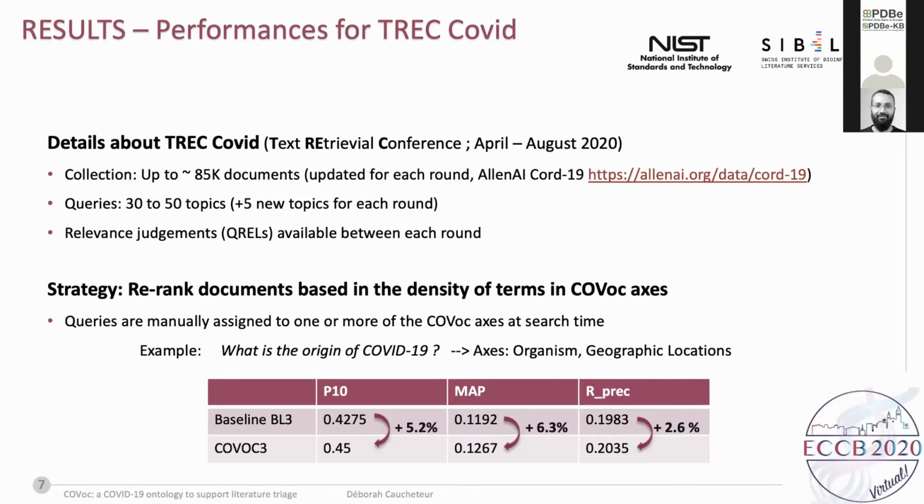In this example, for the query "what is the origin of COVID-19", we assigned organism and geographic location because the term origin could refer to host or vector organism, but also to countries or cities where COVID-19 was discovered. Papers will be re-ranked to push to the top those with annotations from the organism or geographic location axis. We have improved several metrics, and that's the reason why we use this re-ranking strategy in COVID triage.